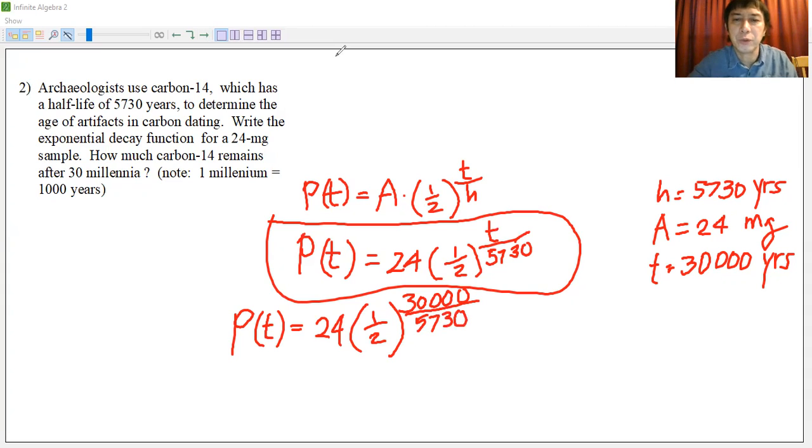All right, let's compute. This will be 24 times the quantity 1/2 raised to that fraction. That's 0.5 raised to the fraction 30,000 divided by 5,730. Okay, we have something like 0.026541.